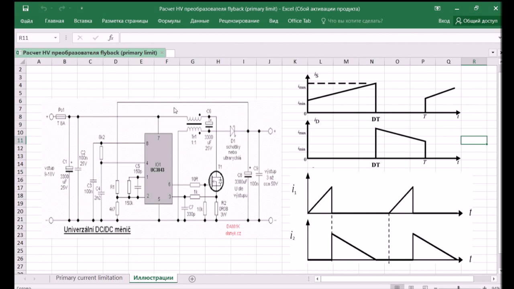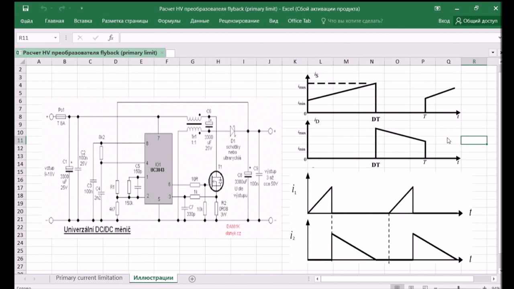The switch through a transformer, in this case with the transformation coefficient of 1 to 1, and the rectifier diode charges our output capacitance. In addition, there is a current sensing resistor in the primary chain, the signal from which is caught by a current comparator, and when a certain level is exceeded in this pin, it prematurely interrupts the forward cycle of the converter.